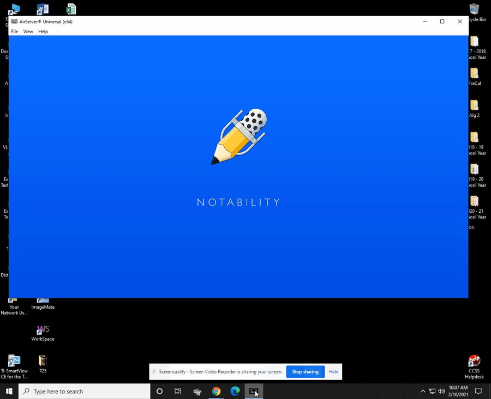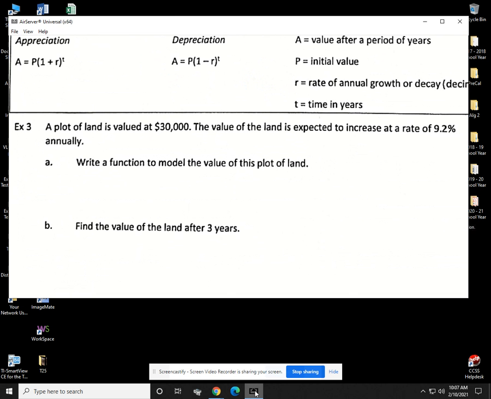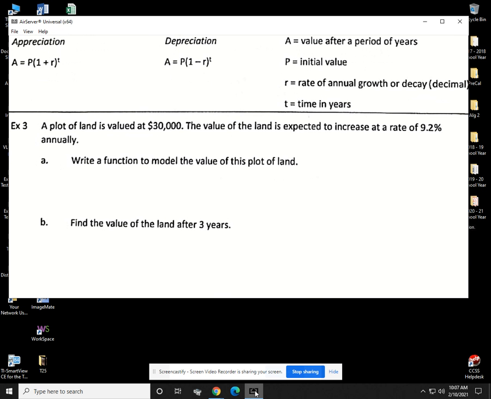Okay. So let's go back and deal with appreciation and depreciation. Look at this first one, number 3. A plot of land is valued at $30,000. The value of the land is expected to increase at a rate of 9.2% annually. All right, so let's talk about the important stuff. What's the first important thing you see? 30,000. What's that?